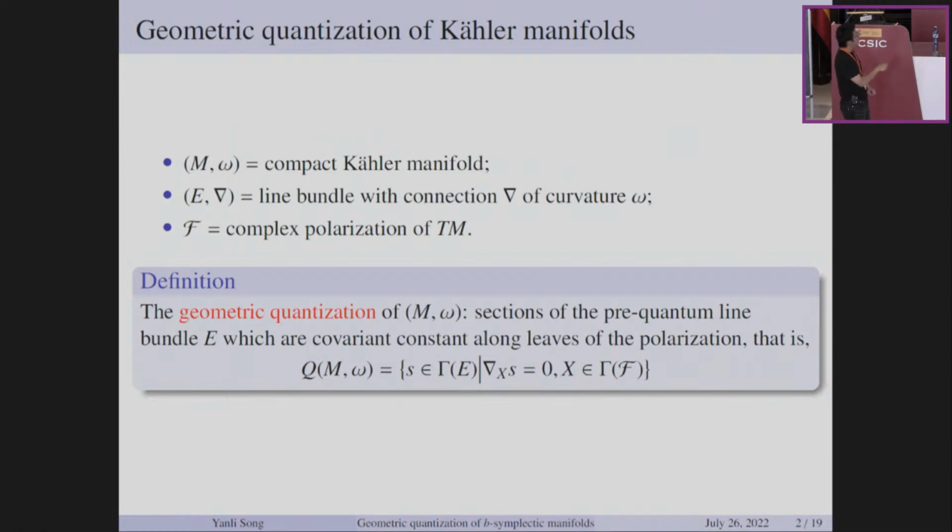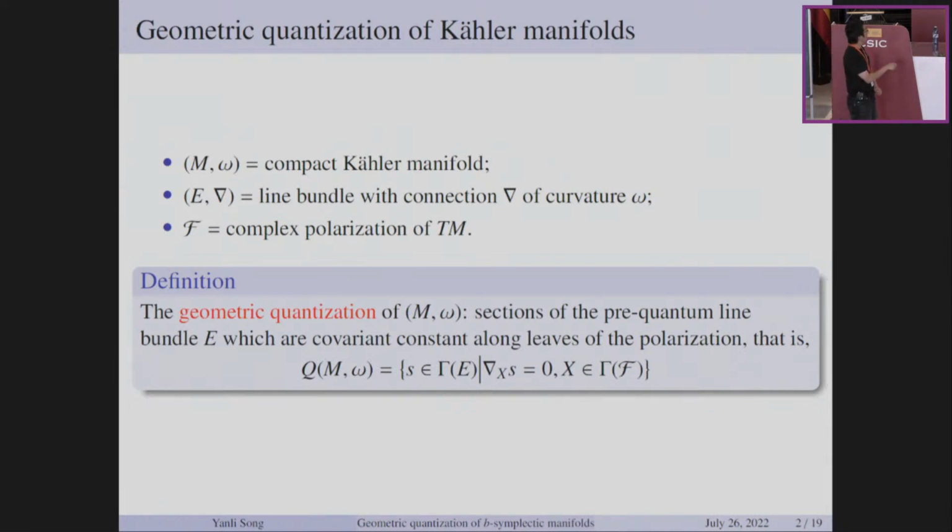Since the manifold is Kähler, it has a complex structure, so we can choose a complex polarization. Geometric quantization, from the viewpoint of physics, is that we want to construct a finite dimensional Hilbert space. How do we construct it? We take the space of sections of the pre-quantum line bundle E that are covariant constant along the leaves of the polarization.